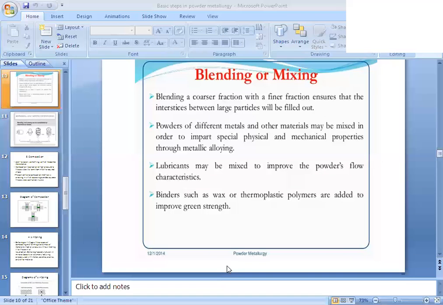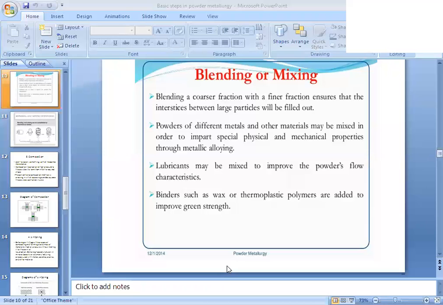Lubricants may be mixed in to improve the powder flow characteristics. We do not use powder only; we mix in lubricants, which generally serve two functions. The first is that they reduce the friction between the powder particles, so that they do not accumulate. The lubricant also helps improve the green strength.